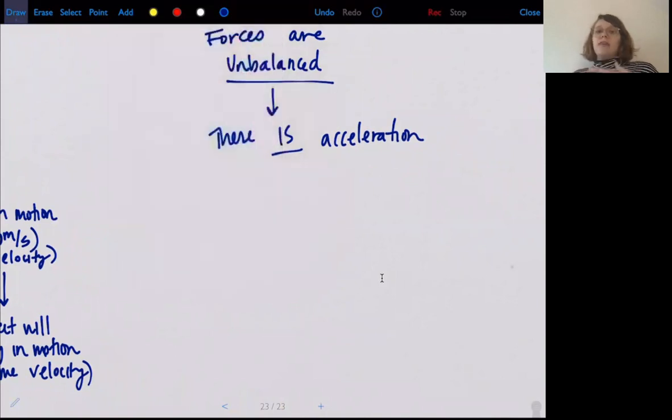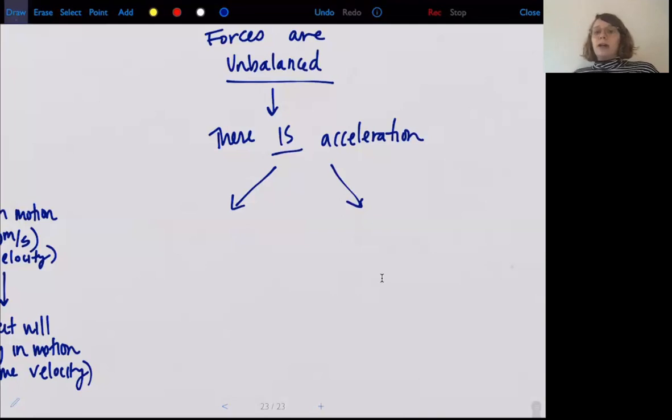There are two things that determine what is going to impact the acceleration, whether the acceleration is large or small: net force and mass.